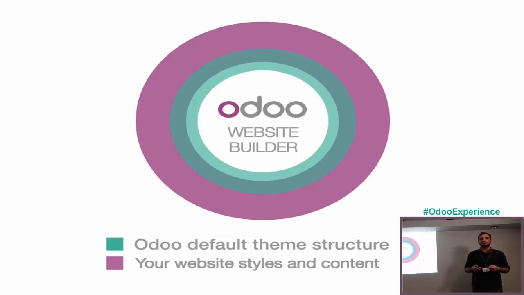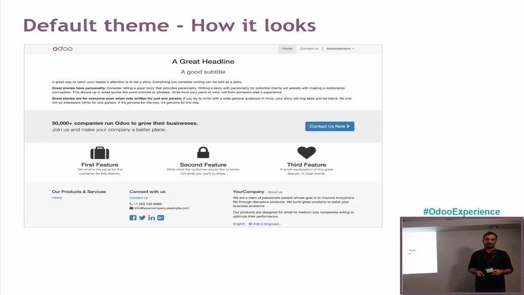Everything you do to customize your theme, or if you want to create a new theme, you are doing on top of the default theme. This is how the default theme looks. If you know Odoo, this kind of design and layout looks familiar, I assume.